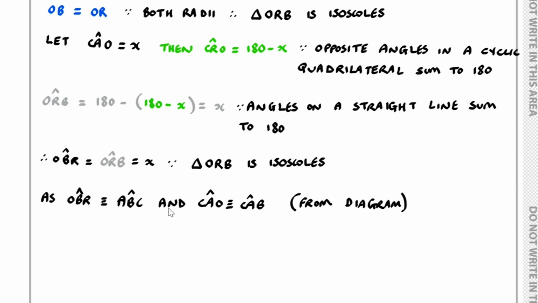Because this angle is x and this angle is x, we can conclude that CAB is equal to ABC, which is equal to x. And that's exactly what I wanted to show.